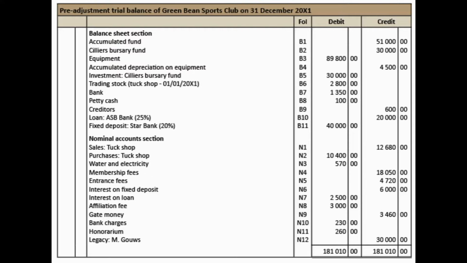In other words, it doesn't matter if it was for last year, this year, next year, whatever, the amount that we have received was entered into that account. So, okay. That amount of 18,050, you can write on the credit side of your membership fees account. Open that account and write on the credit side 18,050.